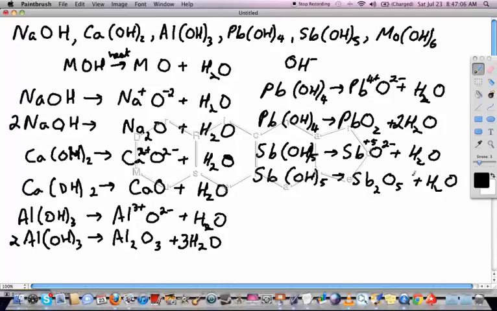And we've got 2 antimonies here, so I'll put a 2 in front of here. And now we've got a total of 10 oxygens and 10 hydrogens. And I put a 5 in front of here, that gives me 10 hydrogens. 5 oxygens plus 5 oxygens is 10, so that balances out as well.